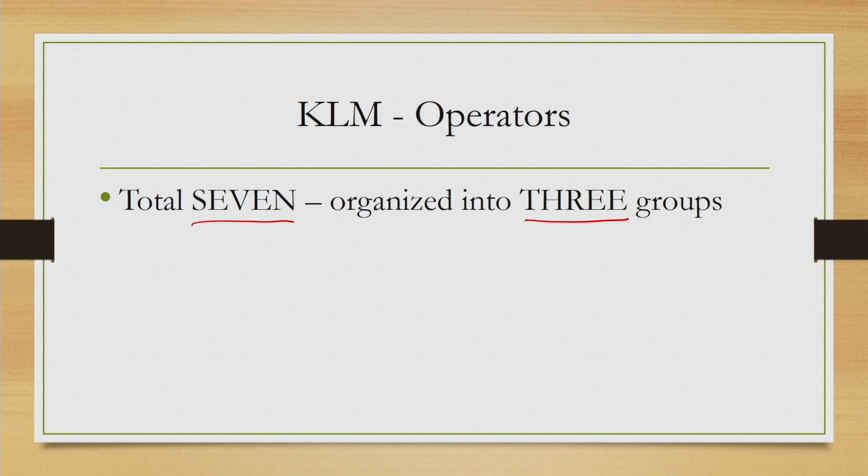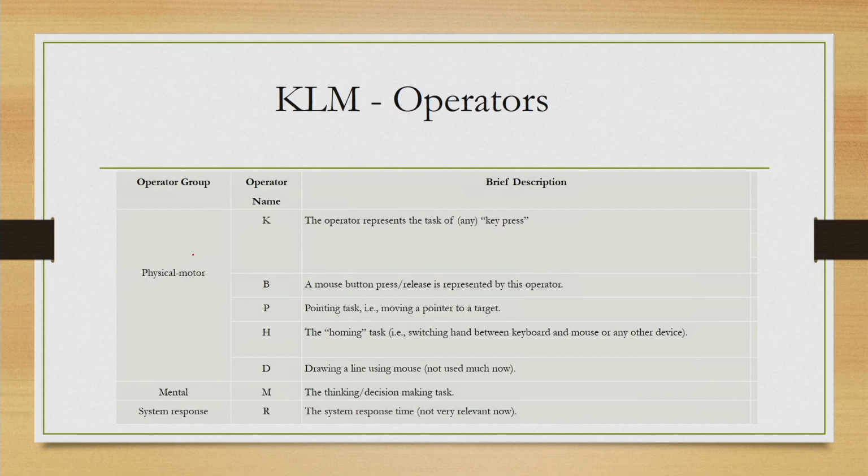In this table, as you can see, we have the 3 groups. One group is called physical motor operators, one group is called mental operators, and one group is called system response operators.